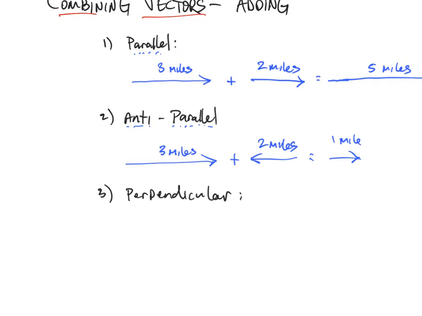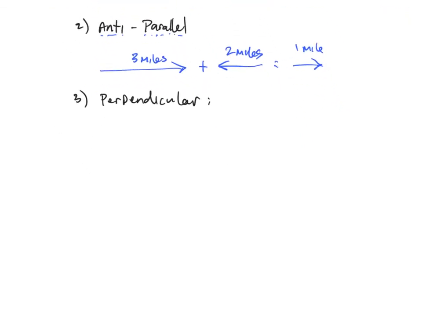So for instance, maybe I have my 3 and my 2 again here, and maybe I go 3 miles to the right, and then I go 2 miles down. So that's a right angle. These vectors are perpendicular. Now, one thing I want to point out here, there are 2 ways to combine these vectors. One way is just by drawing the picture as I have.